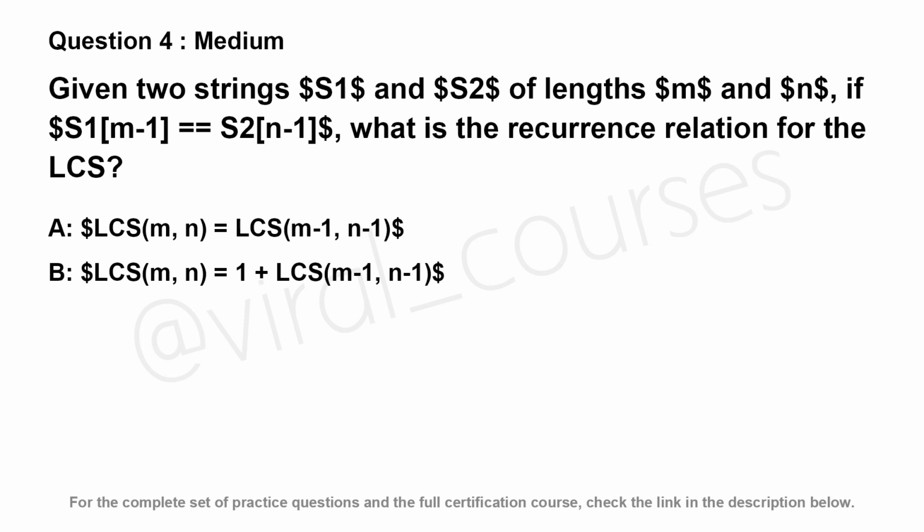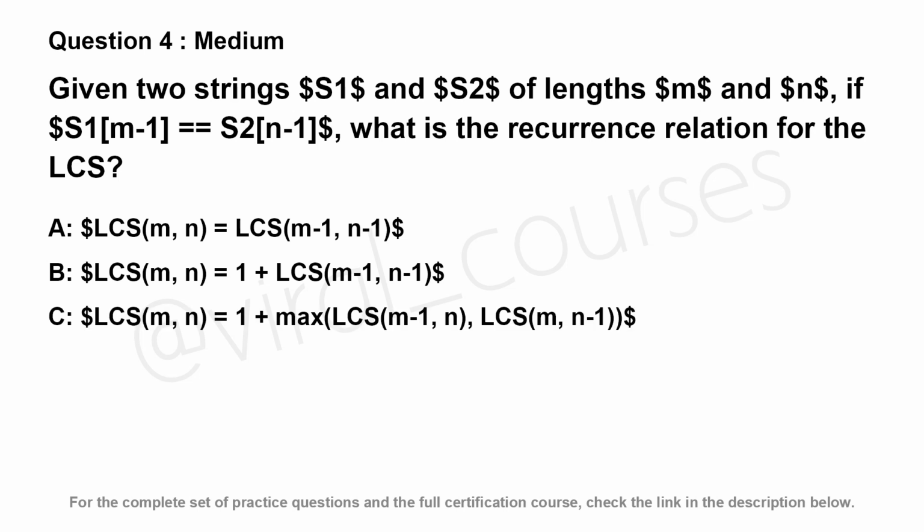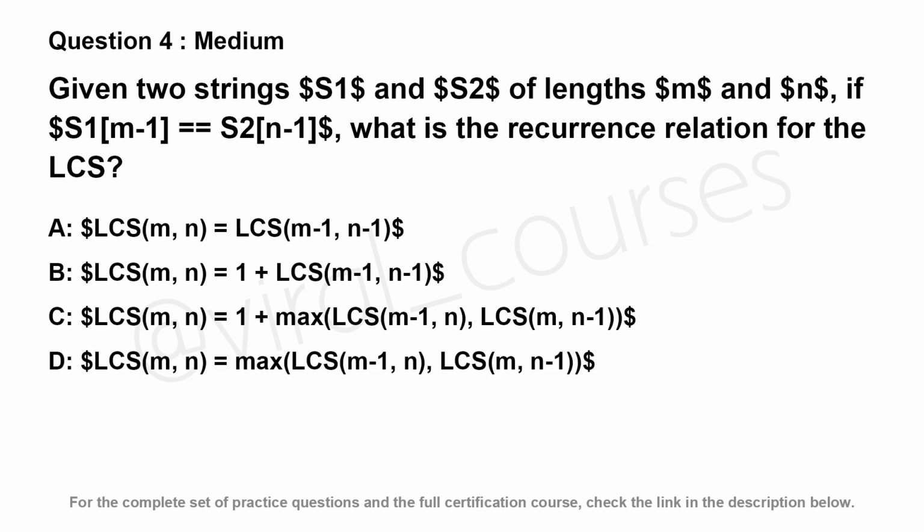Option C, LCS(M, N) equals 1 plus max of LCS(M-1, N) and LCS(M, N-1). Option D, LCS(M, N) equals max of LCS(M-1, N) and LCS(M, N-1).